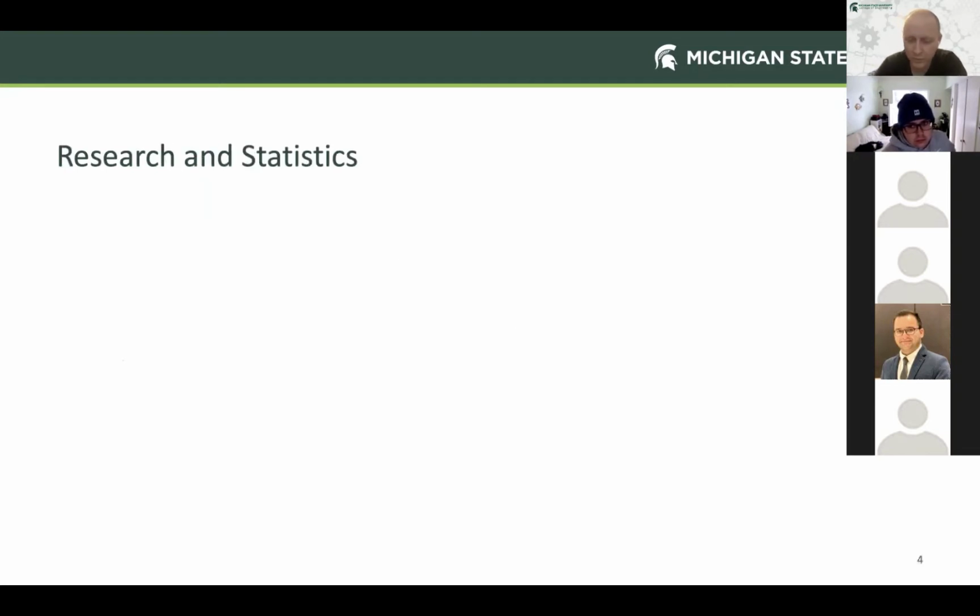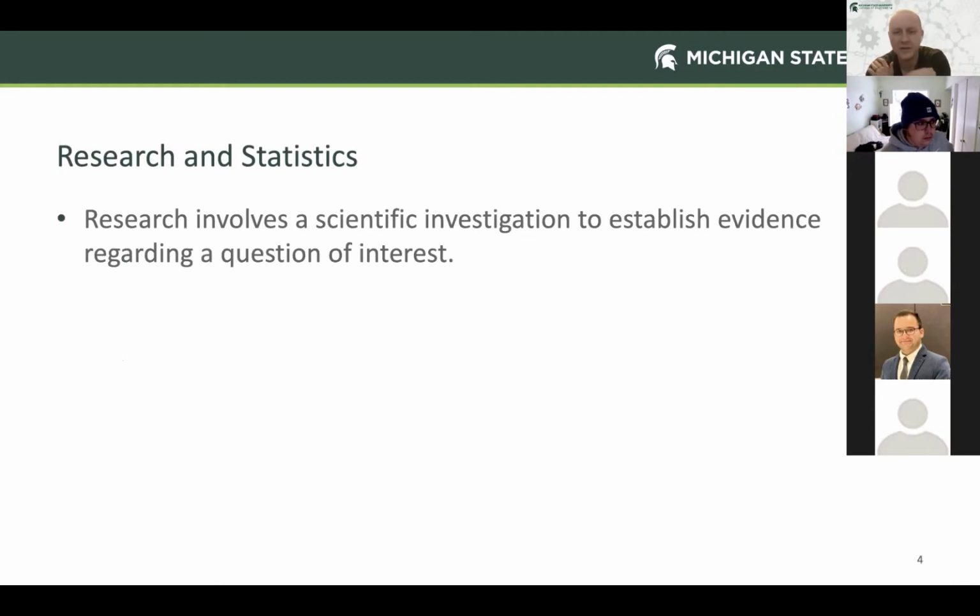Okay, so first and foremost, research and statistics. When we talk about research, it's basically any scientific investigation where we're trying to establish evidence regarding some question of interest, which we would generally refer to technically as a hypothesis.